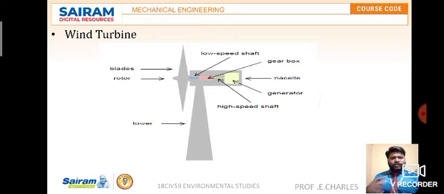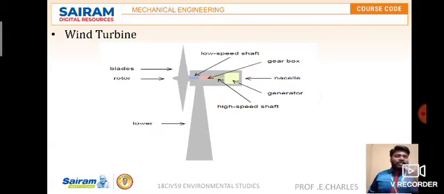When it rotates, the shaft connected to the turbine blade also rotates. The gearbox is used for changing the gear speeds. The entire shaft is connected to the electric generator.